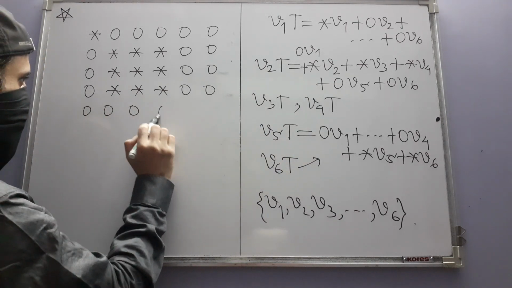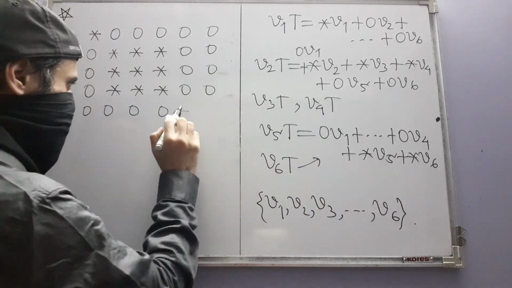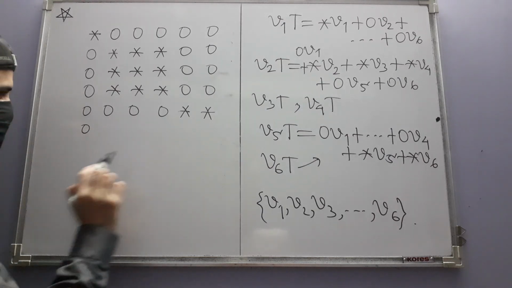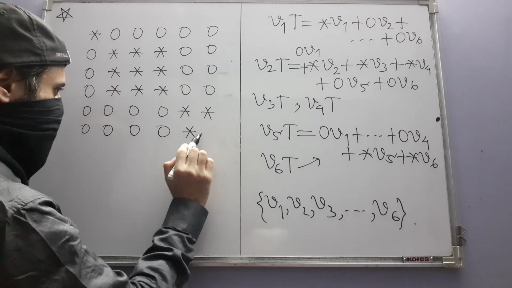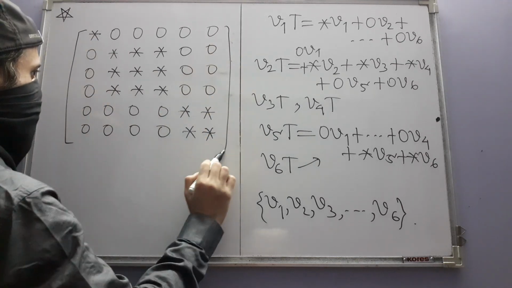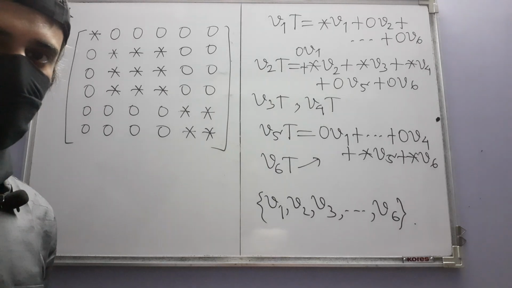All these first coefficients are 0 except the last two, which may also be 0, but in general they may be something else also. For V6T also, that's the thing. This is the so-called zero pattern of the matrix of T.